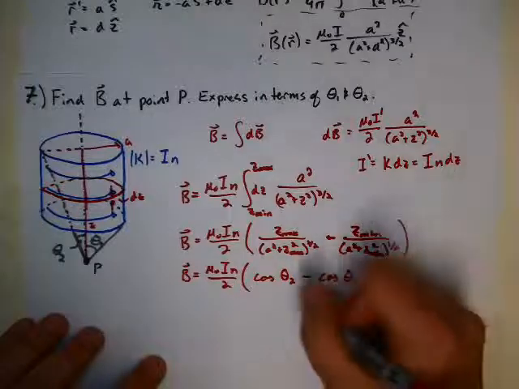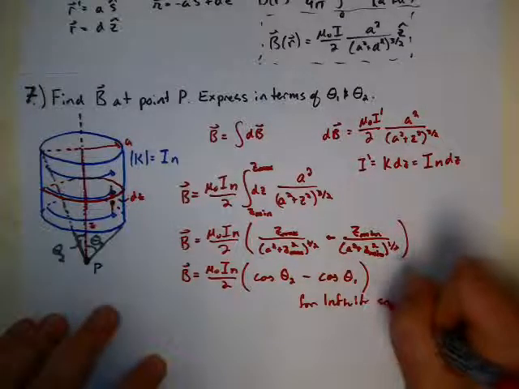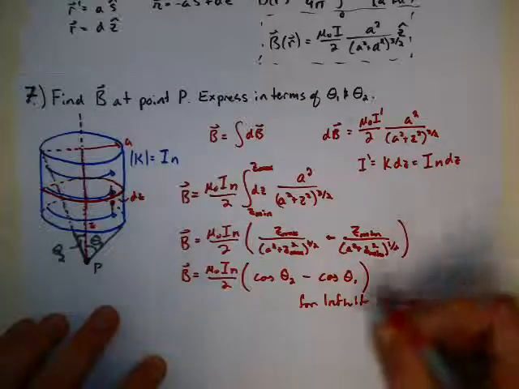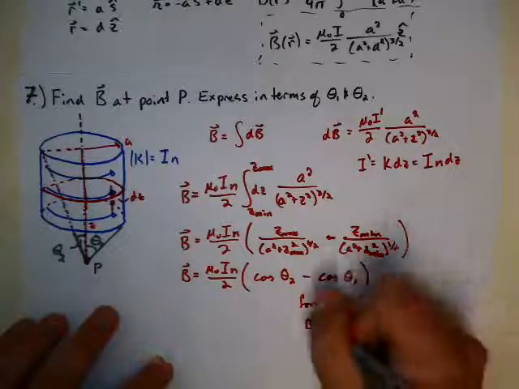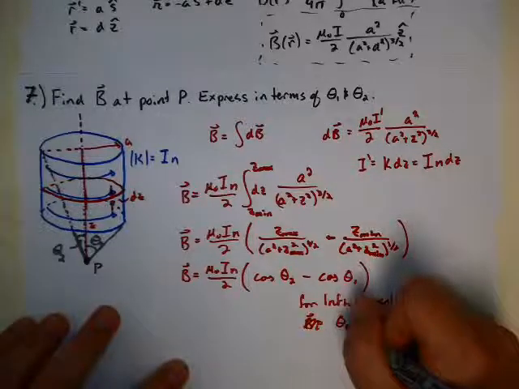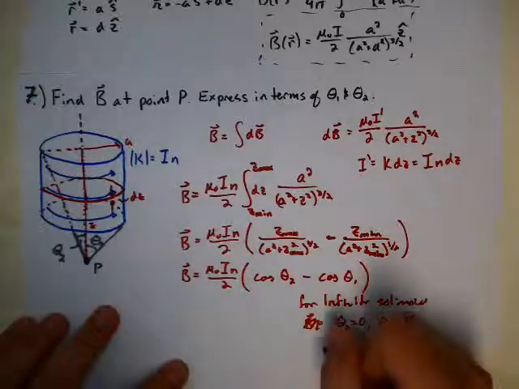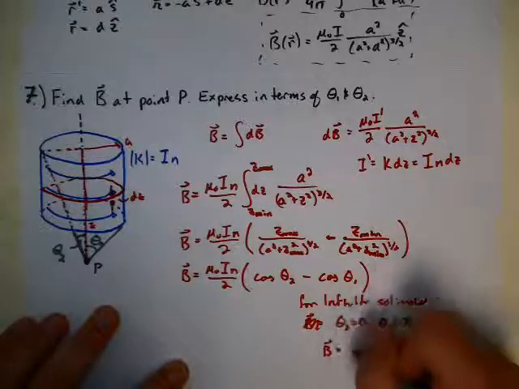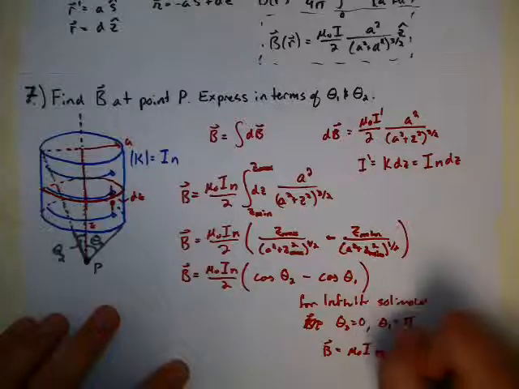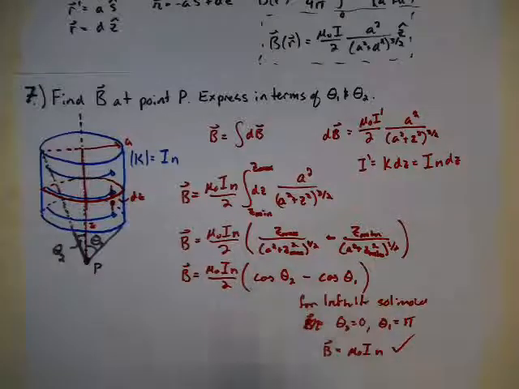And so for an infinite solenoid, I find that the magnetic field is mu naught I n, which is exactly what we would find for an infinite solenoid using Ampere's law.